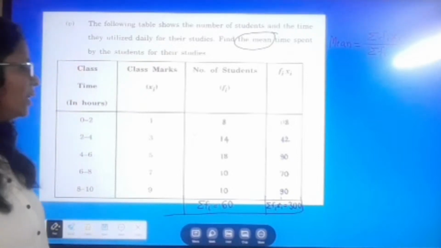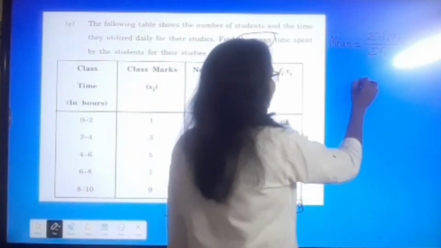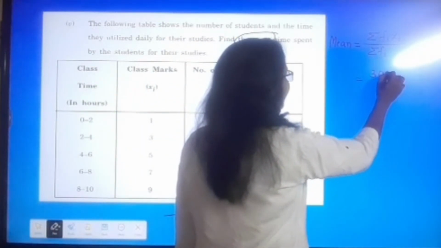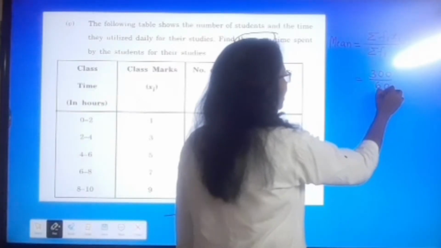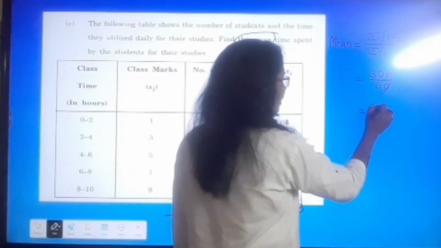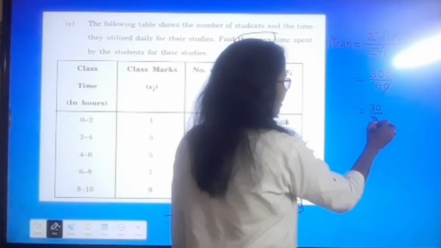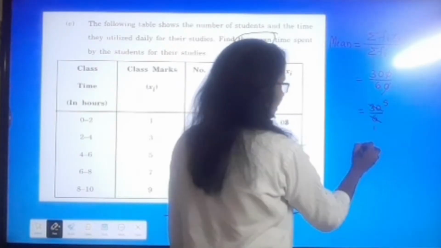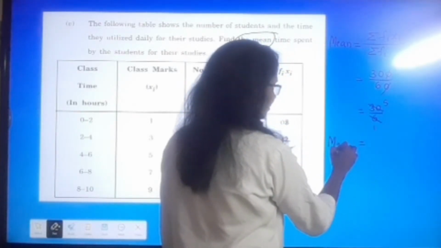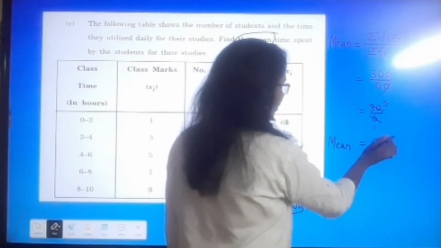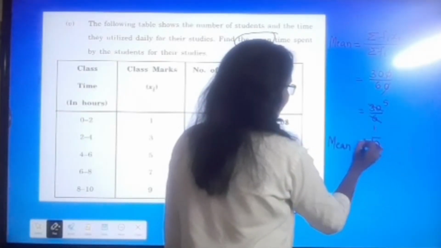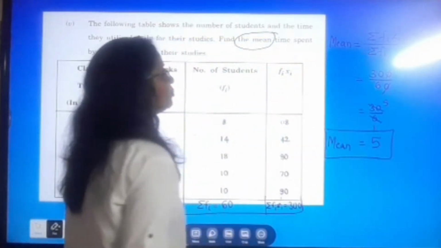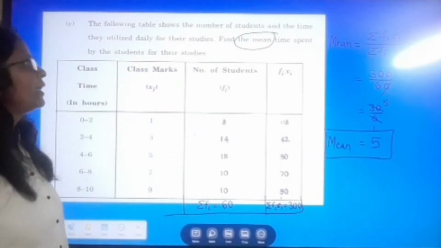So now put this value here. 300 divided by 60. So here 0 gets cancelled. 30 upon 6. 6 fives are 30. So here mean is equal to 5. Okay, students.